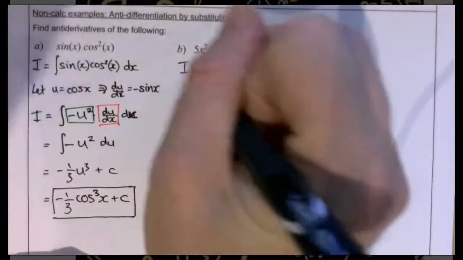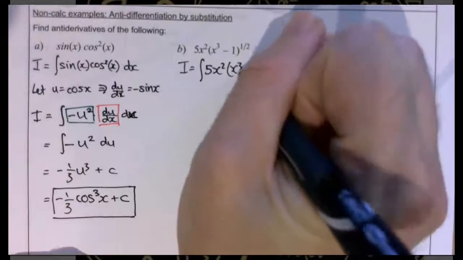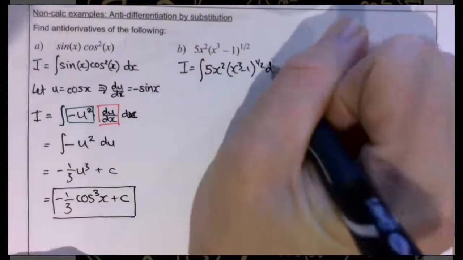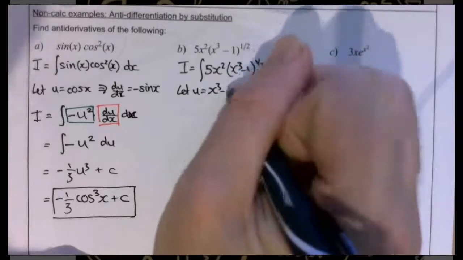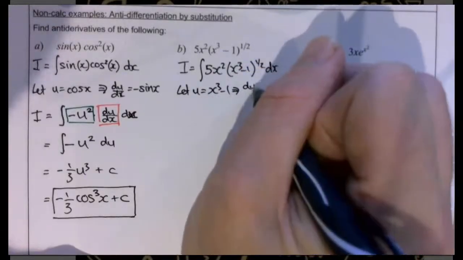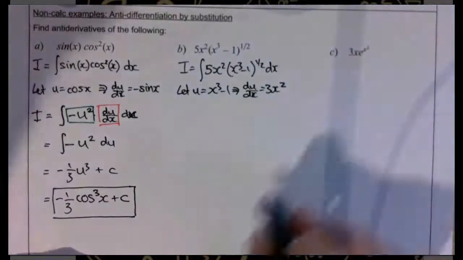Okay, so you've tried these, right? You've labelled I as being the integral of 5x squared, x cubed minus 1 to the power a half dx, and you've said that u is x cubed minus 1, which tells you that du by dx is 3x squared.